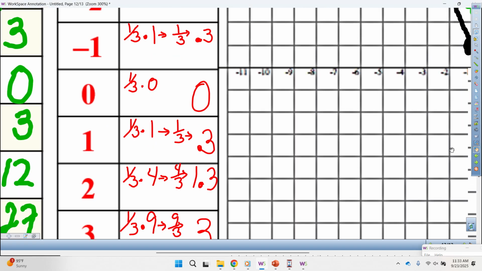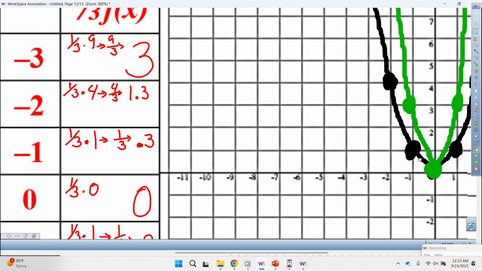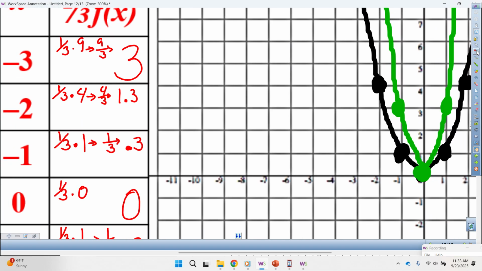I'm going to leave it zoomed in so you guys can see where I'm placing the points. Here it goes. Negative 3, 3. Negative 2, 1.3 is about right there.